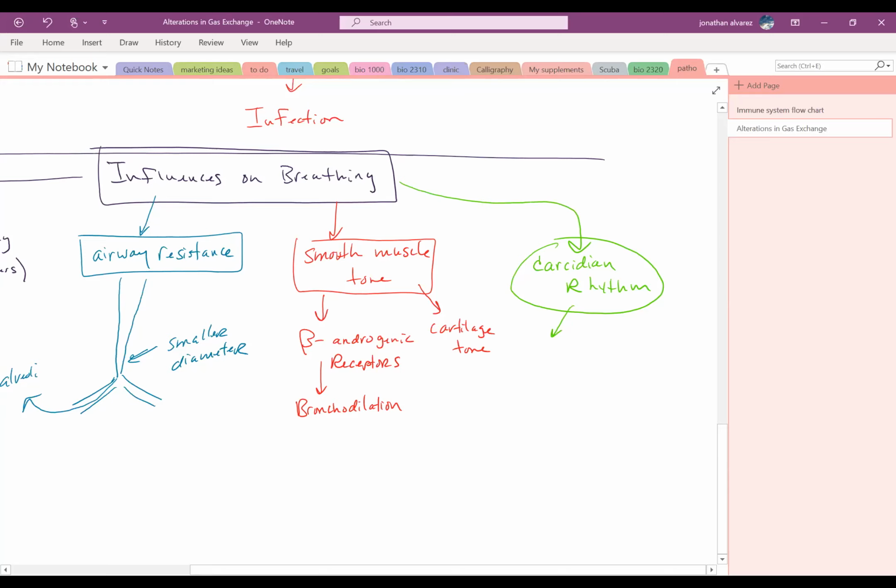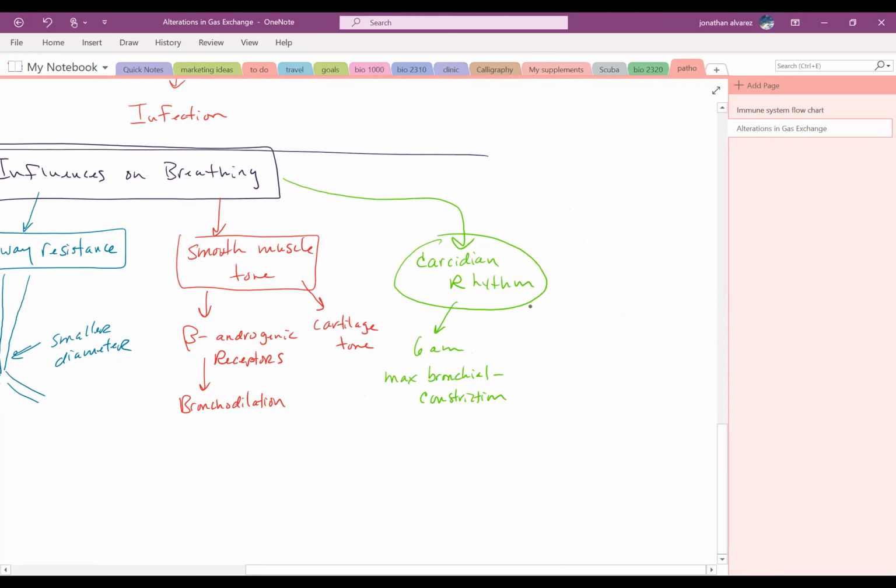Pretty much naturally for just about everyone, around 6 a.m., you have max bronchial constriction. Okay. And around 6 p.m., you have max bronchial dilation. Okay, just kind of as a natural course of our circadian rhythms.